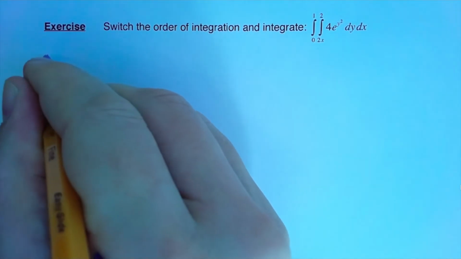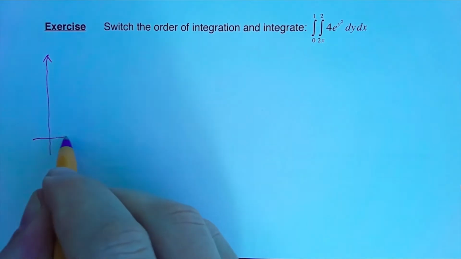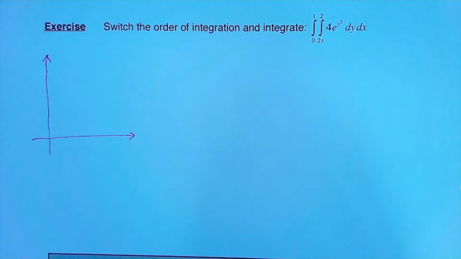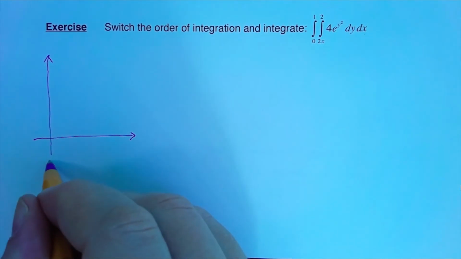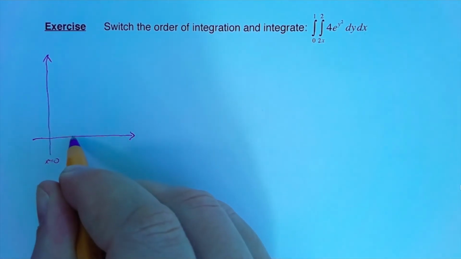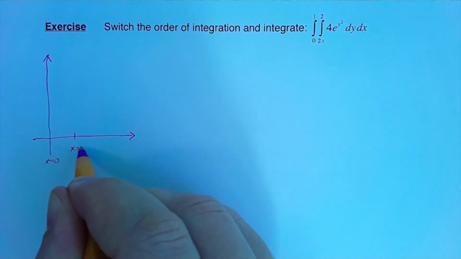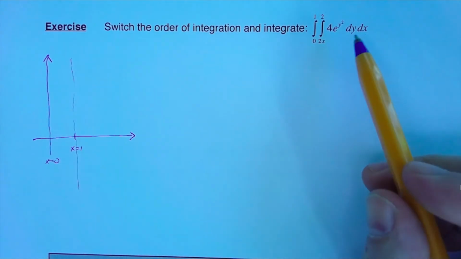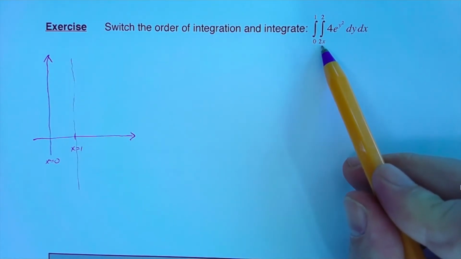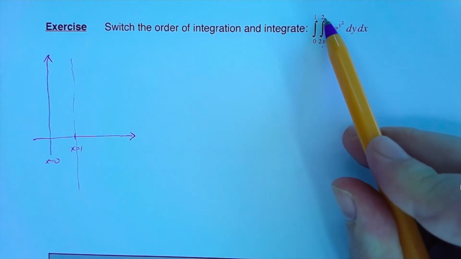It's going to be useful also with 3 variables, dy, dx, dz. So what we know is that x goes from 0 to 1, so x equals 0, x equals 1, and then y goes from y equals 2x to y equals 2.